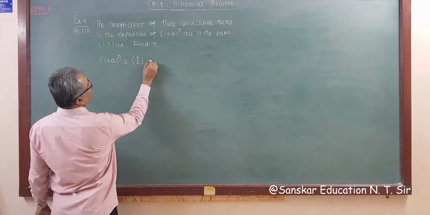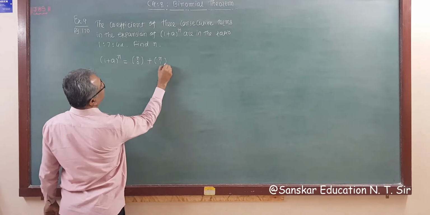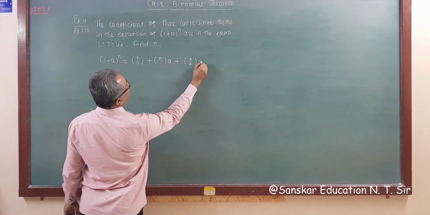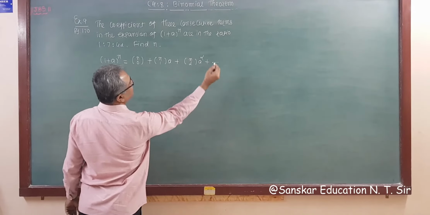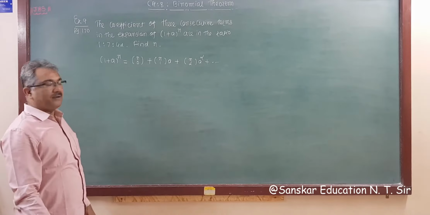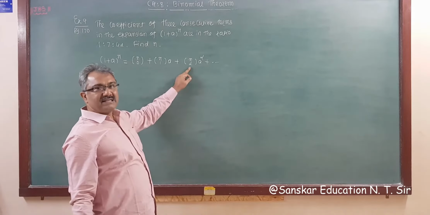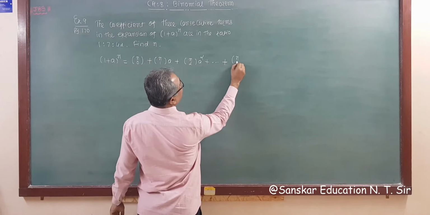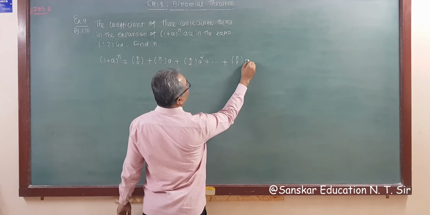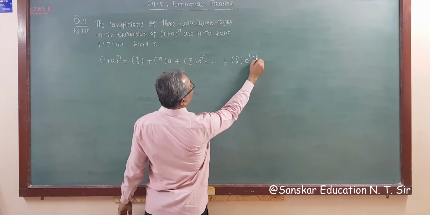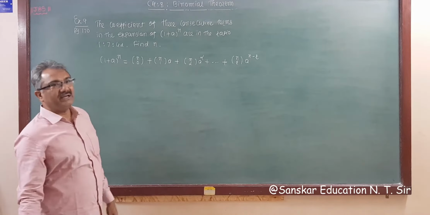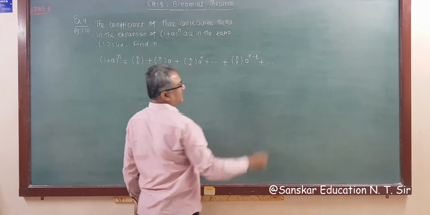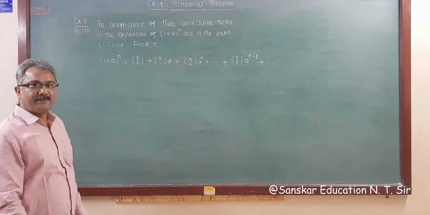So nC0 + nC1 a + nC2 a^2 + and so on. And T(r+1) for this is nCr a^r, which is the (r+1)th term, and then so on. This is the expansion of this.